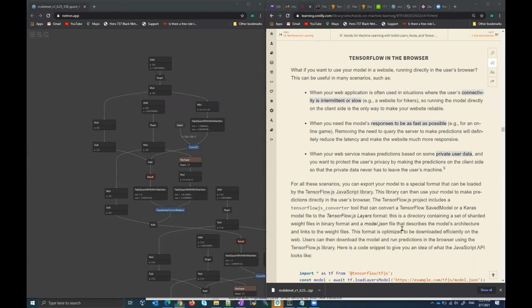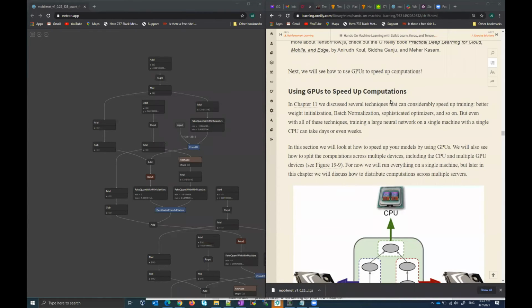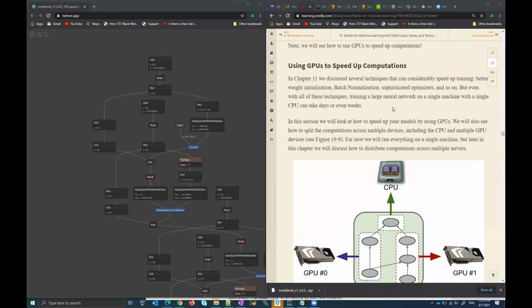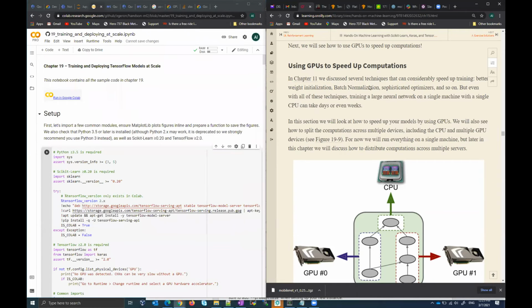Okay. Let's continue because this is a big subject, right? But okay, let's go back to using GPUs to speed up computations. So as everyone knows now, training on CPU can take many times more than on GPU, right?